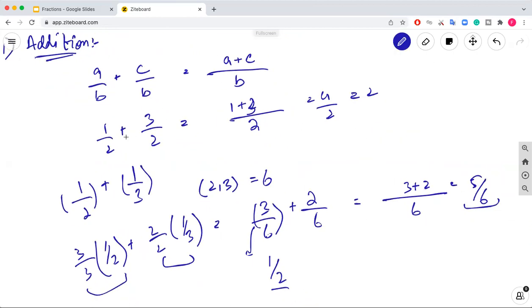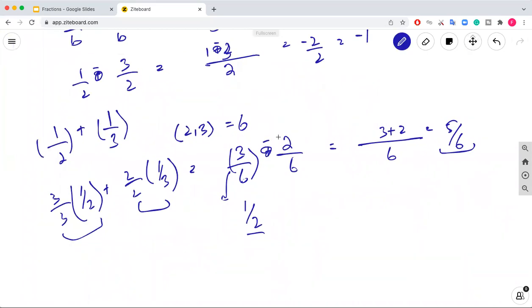If I take the same example, 3 by 2 minus 2 by 2, the result is 1. Likewise, 3 minus 2 over 6 becomes 1 by 6. Any confusion in addition and subtraction? It's very simple.